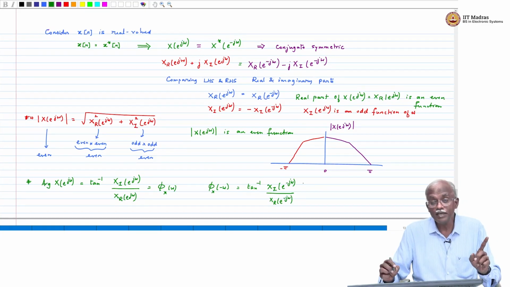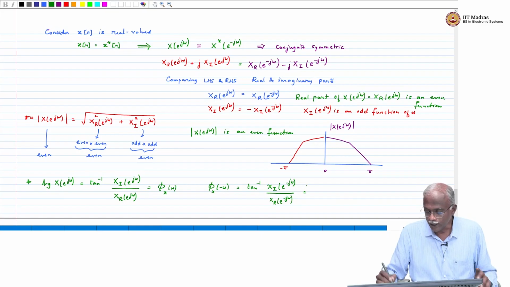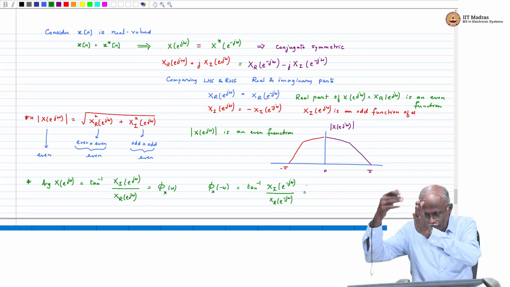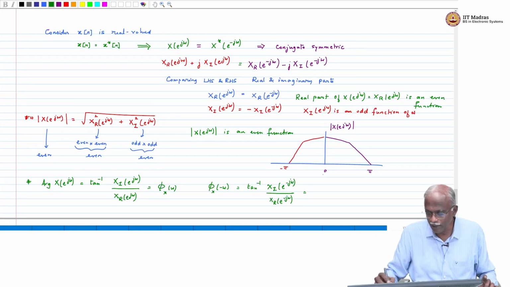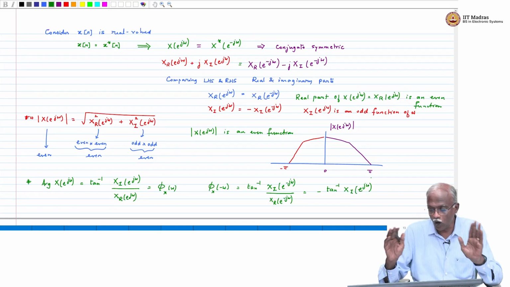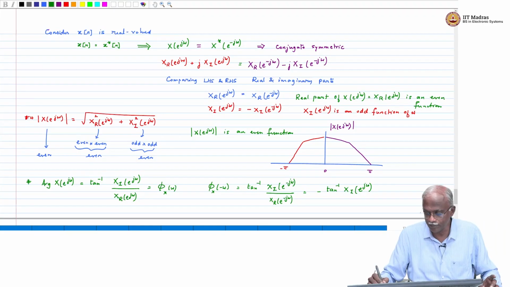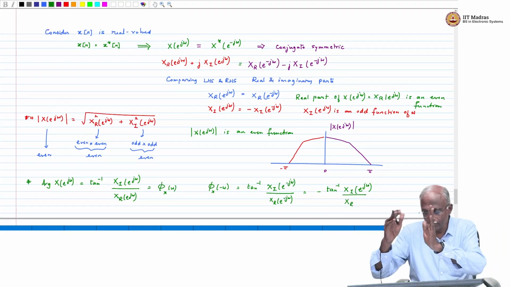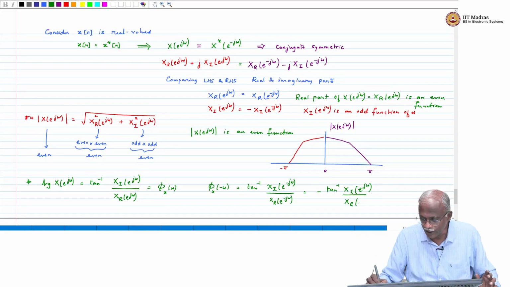Now X_I is an odd function, so when you take it at minus ω, it will come out with a minus sign. So this has become minus tan inverse of X_I(e^{jω}). Because it is an odd function, the minus sign comes out. Then you divide by X_R(e^{−jω}), the same as X_R(e^{jω}) because it's an even function, and so this becomes minus φ_x(ω).